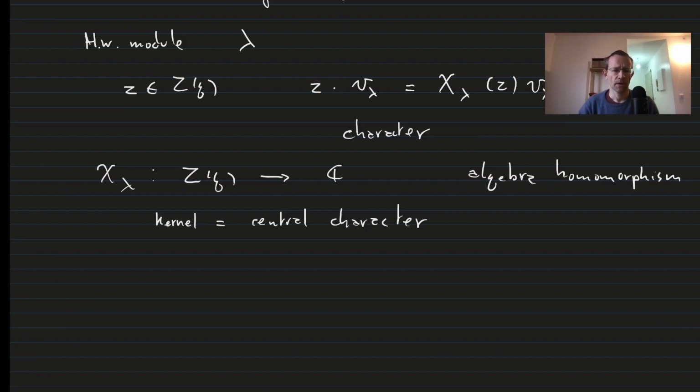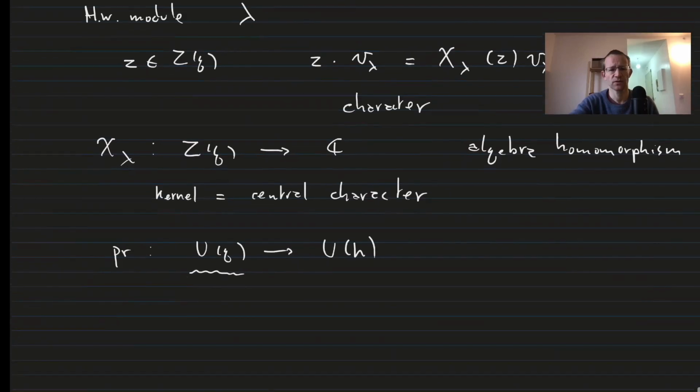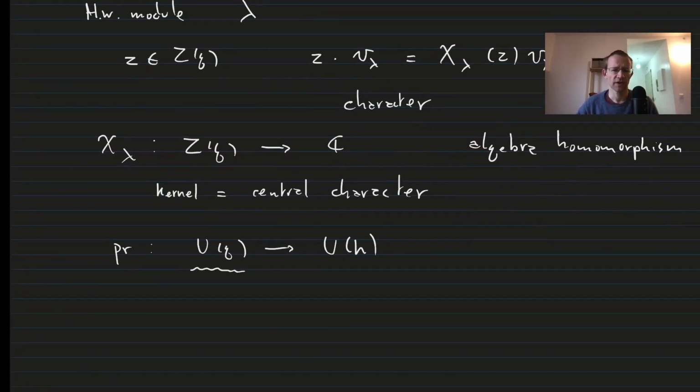Then we can study a projection map which projects the universal enveloping algebra onto the universal enveloping algebra of a Cartan subalgebra of G called H. And the projection is such that, well, we first write the polynomial in U of G in terms of some PBW form where we have all the raising operators on the right, and then we set all raising and lowering operators to 0, and we find some polynomial in the variables H. So this is the projection map.